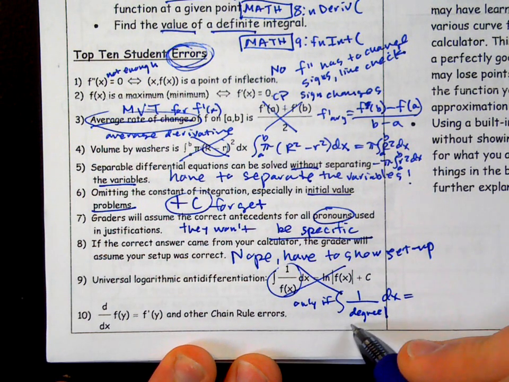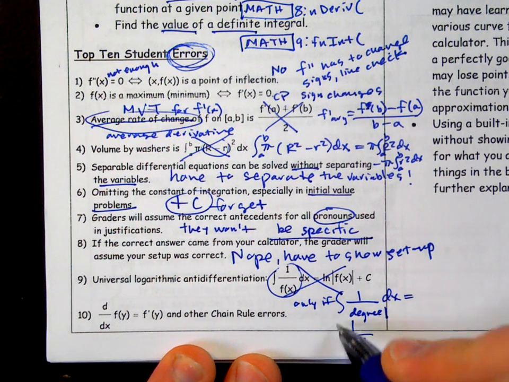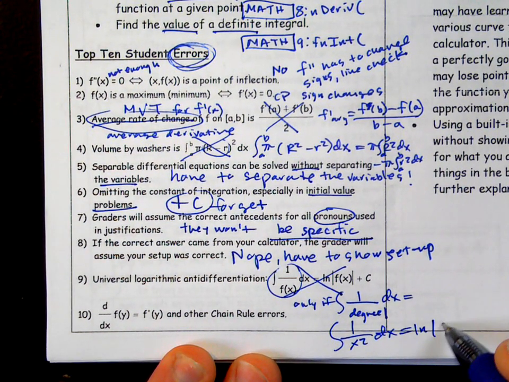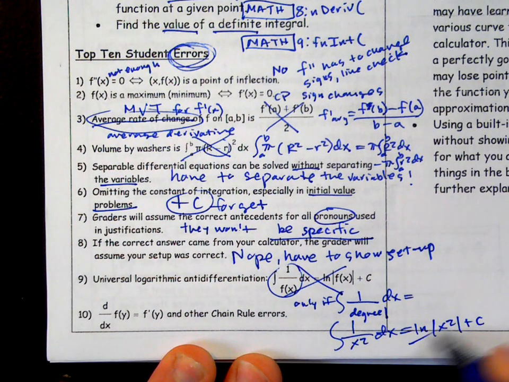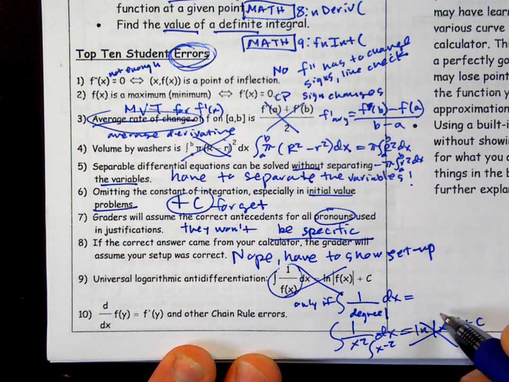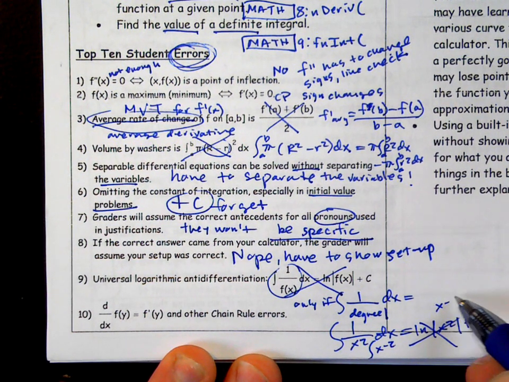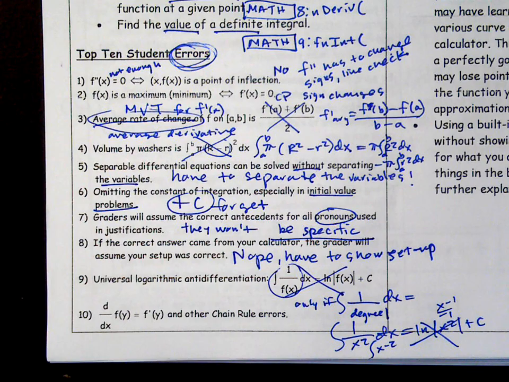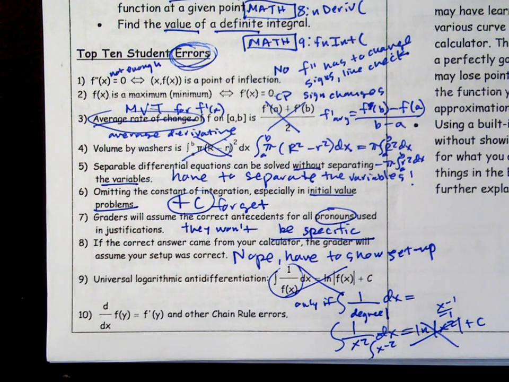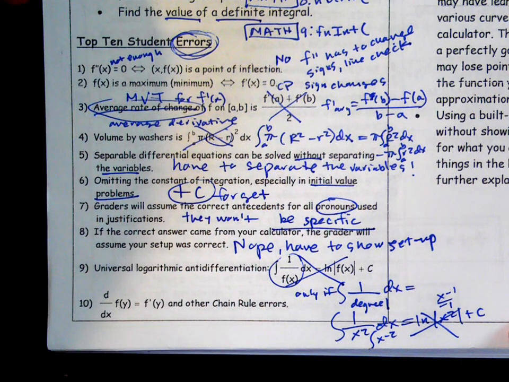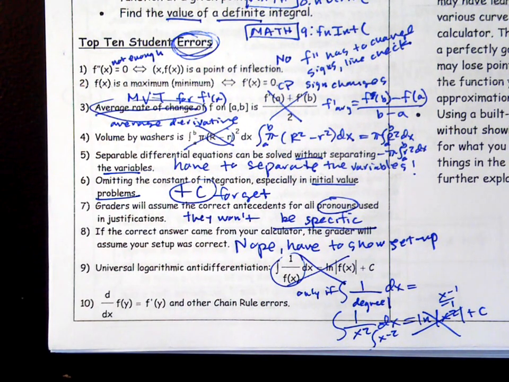But for instance, if it was 1 over x squared dx, that is not natural log of x squared. No, this is the power rule: x to the negative 1 over negative 1. So be careful that you don't just use natural log anytime you have something in the denominator. A lot of times that is the rule, but a lot of times it's not.